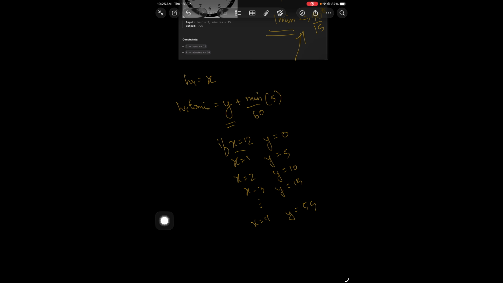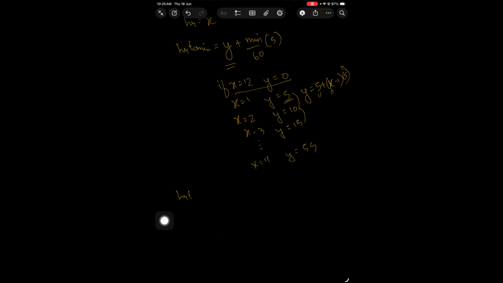For the 12 case, I will write separately: if x is 12, y will be 0. Otherwise, I can simply use the nth term of an AP formula, where 5 is the start element, x is the hour, and 5 is the common difference, the gap between 5, 10, 15, and so on.